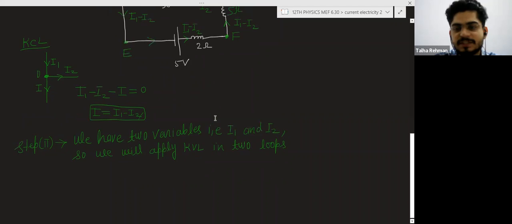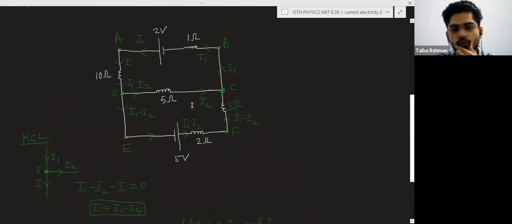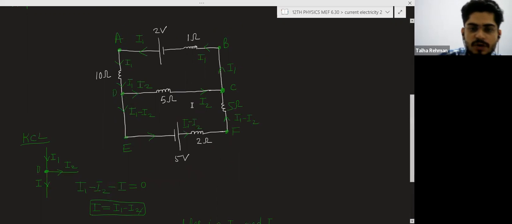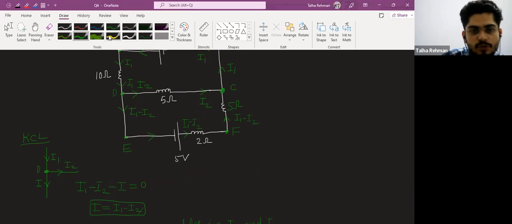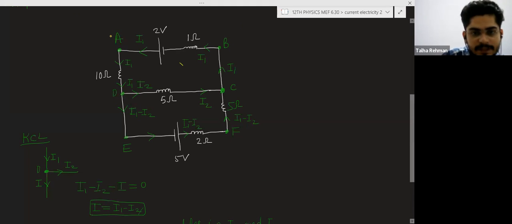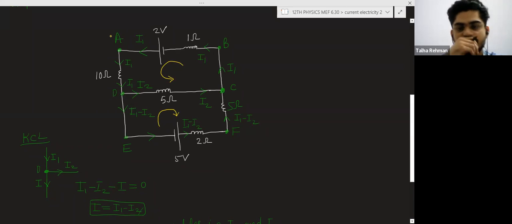Now it is decided that we will take two loops. In the first loop, suppose I want to move in this direction, and in the second loop suppose I want to move in this direction. This is the direction that I am choosing. I have already told you, you can choose any direction, you will get the same answer.